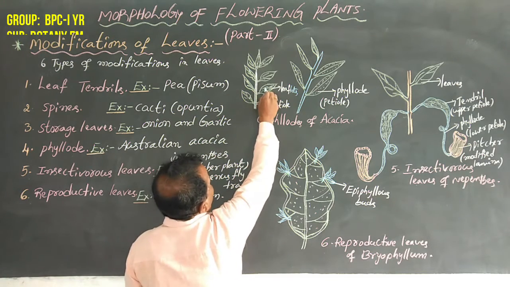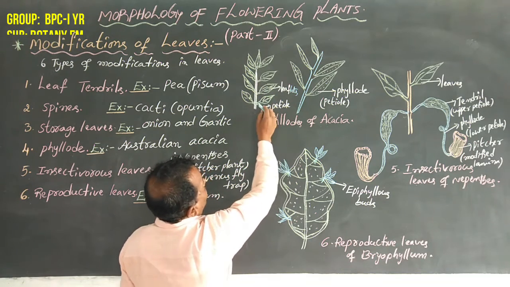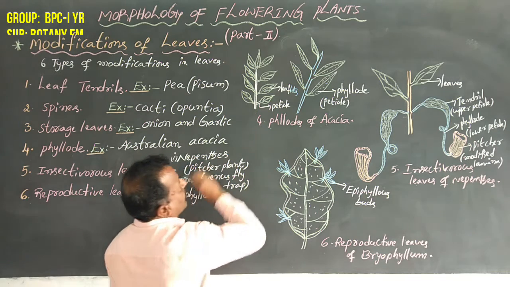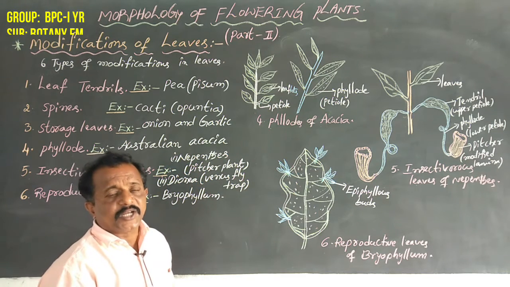So these are leaflets. This is a petiole. The petiole is small in size and short lived.